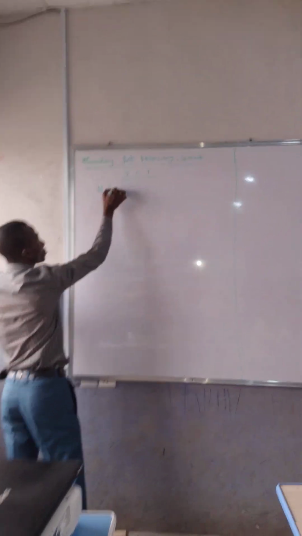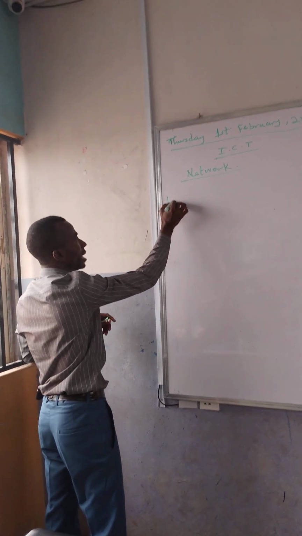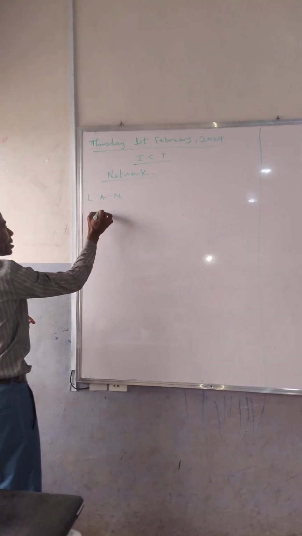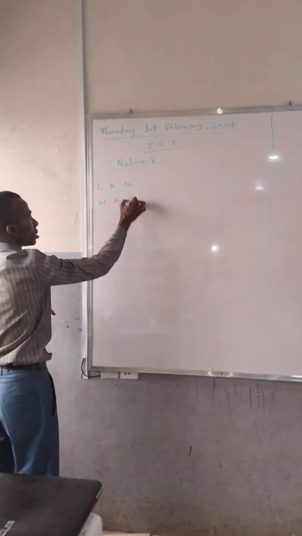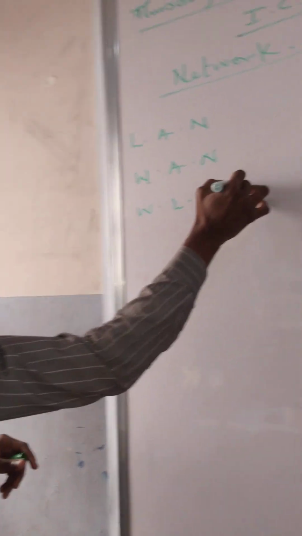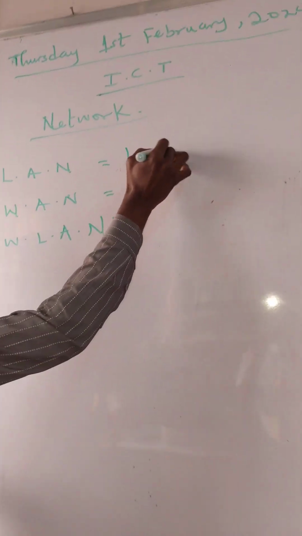Now let's go for that network. I told you we have the following types of network. We have the LAN, the WAN, and the WLAN. The LAN means what?